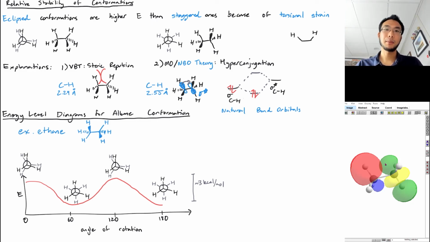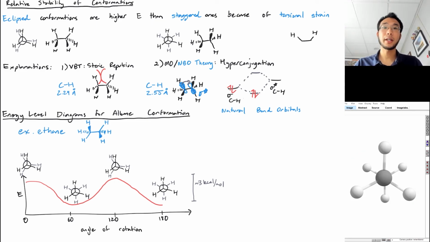I'm going to again pull up a computational animation that'll help us visualize what's going on. So here I have ethane again, but this time we'll go through an animation of the rotation of the bond. What you're seeing here is the back carbon rotating 360 degrees, and you can see how that goes from the staggered conformation into the eclipsed conformation, staggered, and so on and so forth.